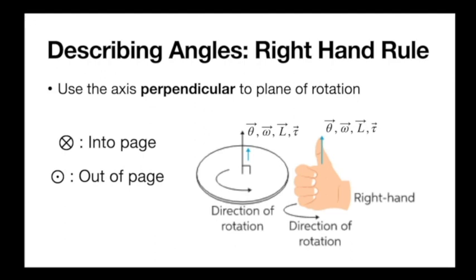But if your fingers wrap in the direction of rotation, we should get that the angular velocity vector of these hands points into the wall. The plane of the rotation is in the plane of the wall, and our angular velocity vector points into the wall. Yeah, so fingers curl with the rotation, thumb points in that direction.